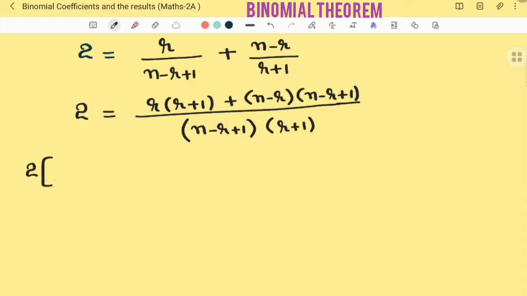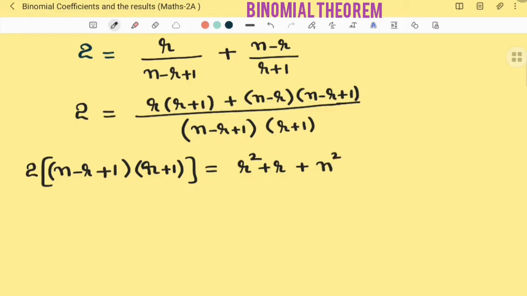So 2 into (n minus r plus 1) into (r plus 1) is equal to r into (r plus 1), which is r square plus r, plus, here actual multiplication you have to do: n into n, n square, next n into minus r, minus nr, n into plus 1, plus n.